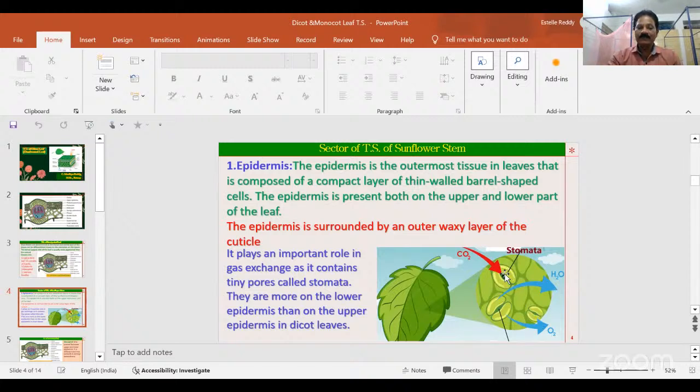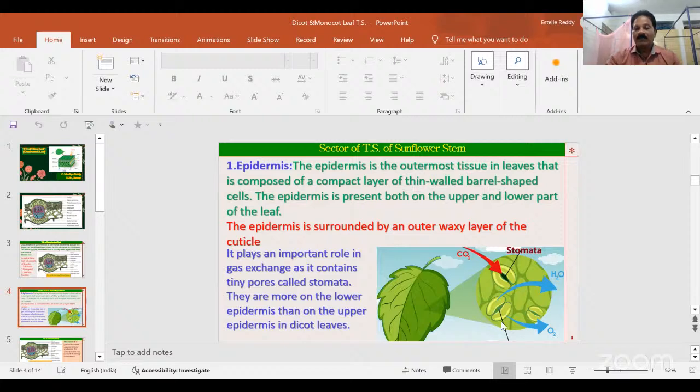Stomata are enclosed by special modified epidermal cells. Generally, epidermal cells are barrel shaped, rectangular in shape. But in stomata, see, the stoma is surrounded by two modified epidermal cells which are bean shaped or kidney shaped. These are called guard cells since they are guarding the stoma. Stoma is the opening of the stomata.